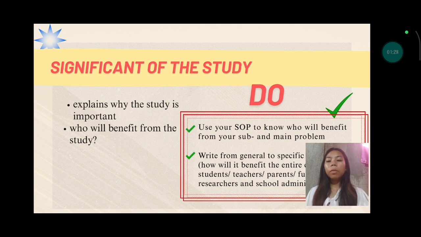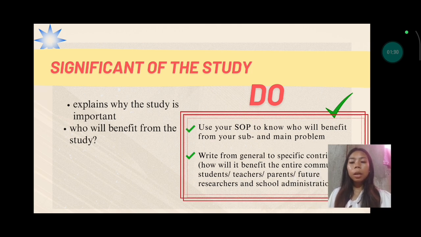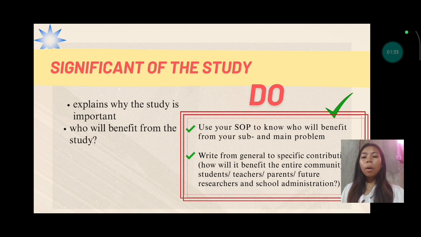Next, write from general to specific contributions. How will it benefit the entire community, students, teachers, parents, future researchers, and school administration? Meaning, you will explain why they will benefit from this study.